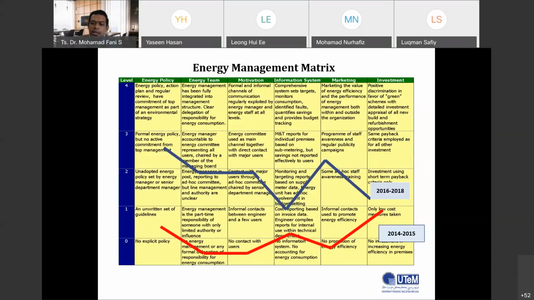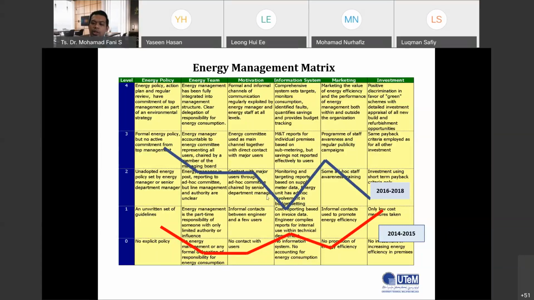For the information system, at that time there was closed information from the meter data. For example, the bill we could not present to anyone because it was declared a secret document for UTEM, and I think that's not good.